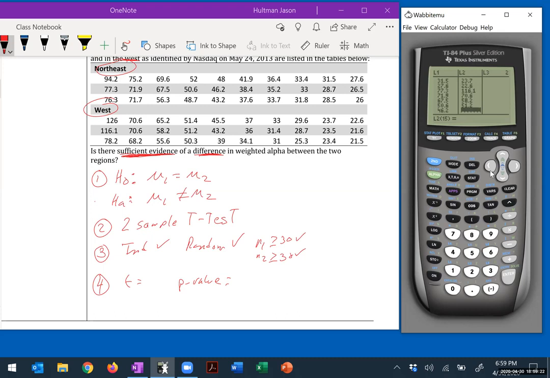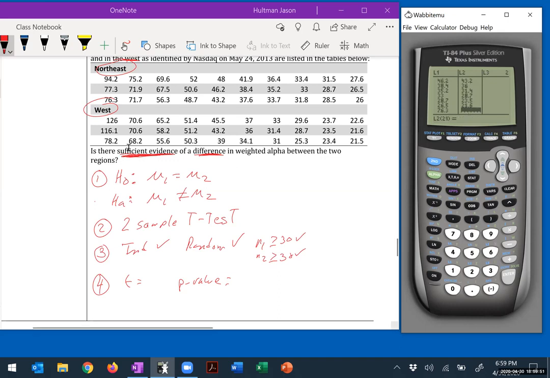Okay, 43.2, 36, 31.4, 28.7, 23.5. Go for 23.5. And the last one in that row is 21.6.